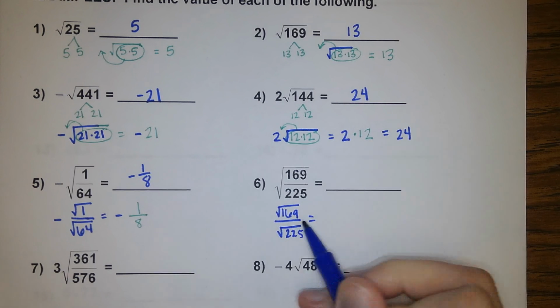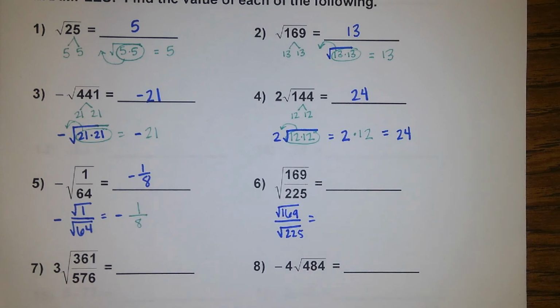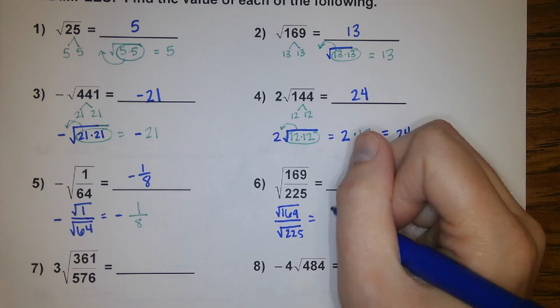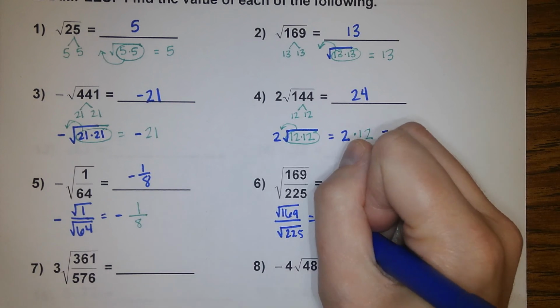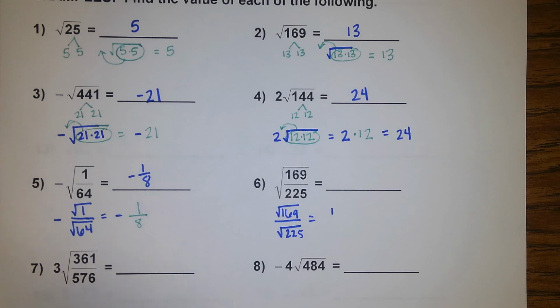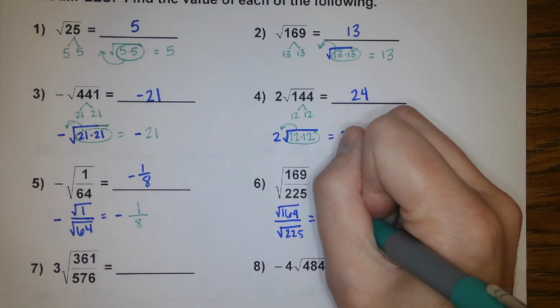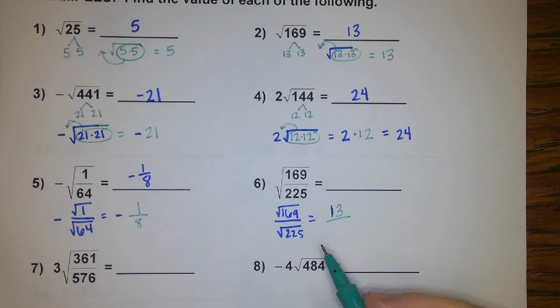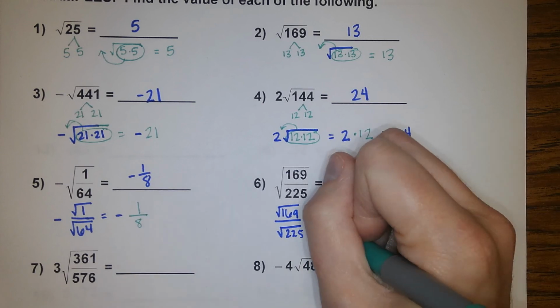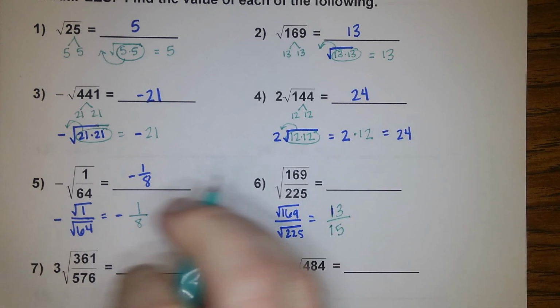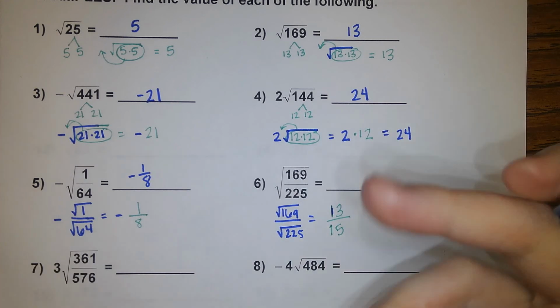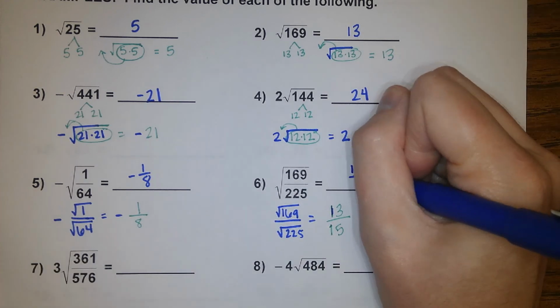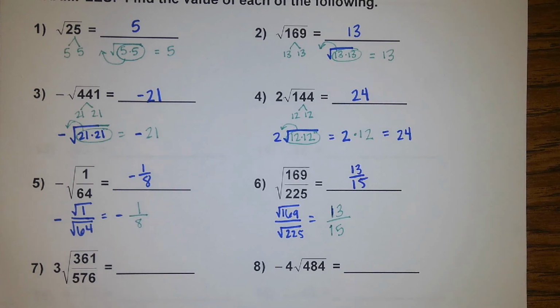And we know from our chart or from our calculator, the square root of 169 would be 13, right? Sorry about that. It's going to change my color. And then the square root of 225, we know from our chart or from our calculator, is going to be 15. So that means our final answer would be 13 over 15.